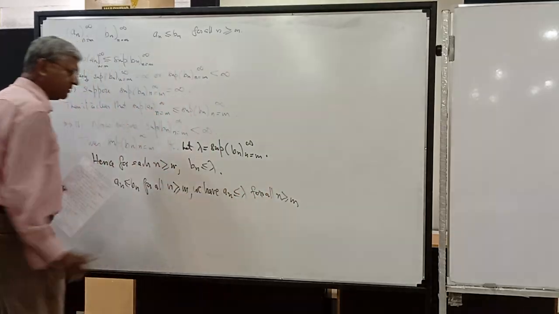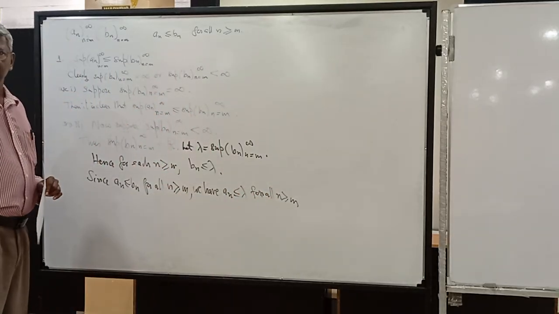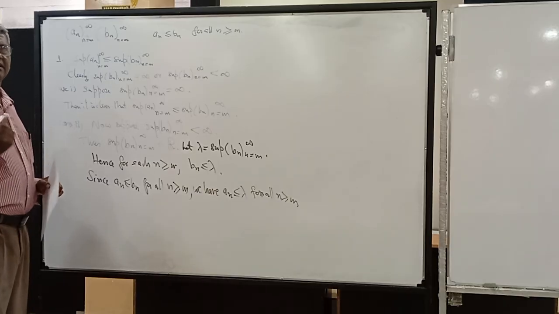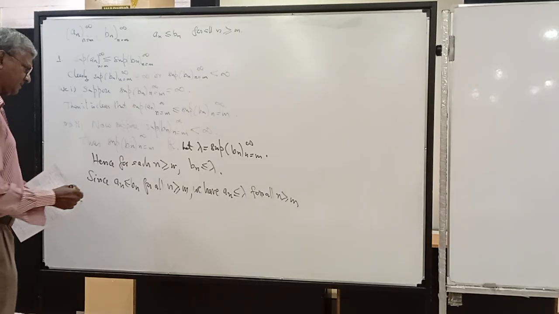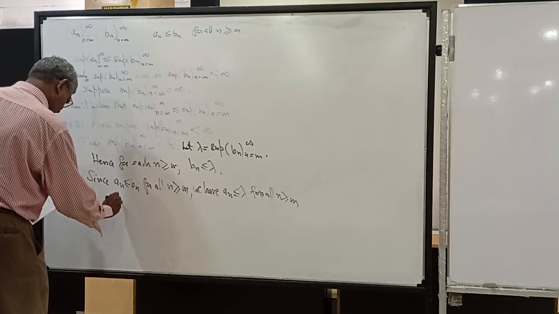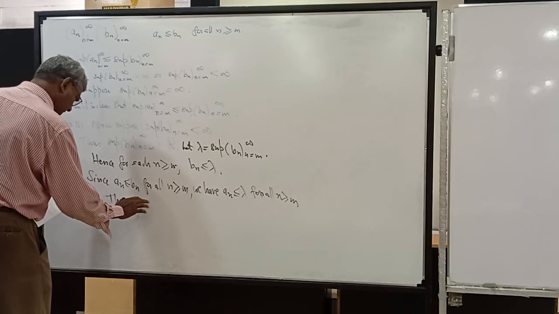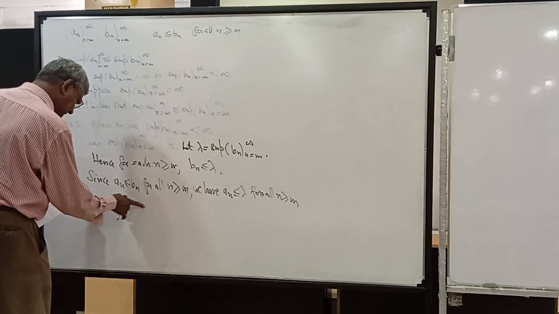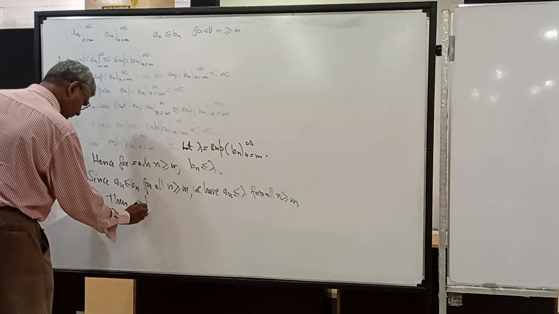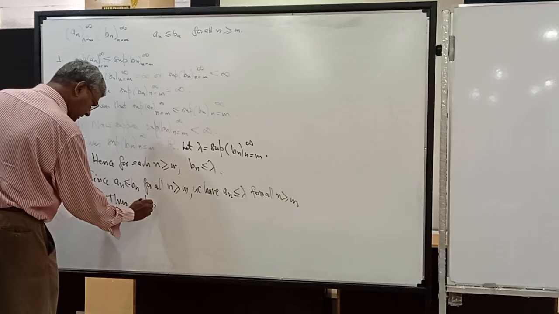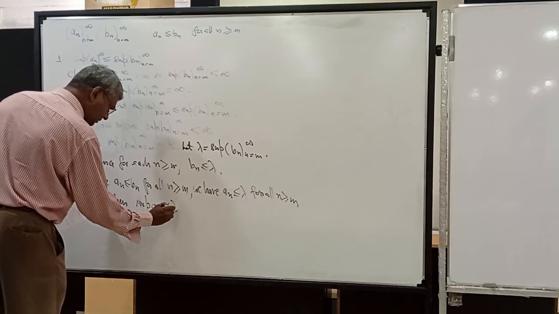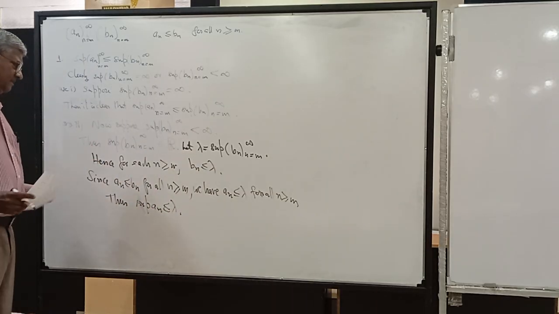So this means lambda is an upper bound of a. Sup is the least upper bound. Thus, sup a n is less than or equal to lambda. I did not write that part.